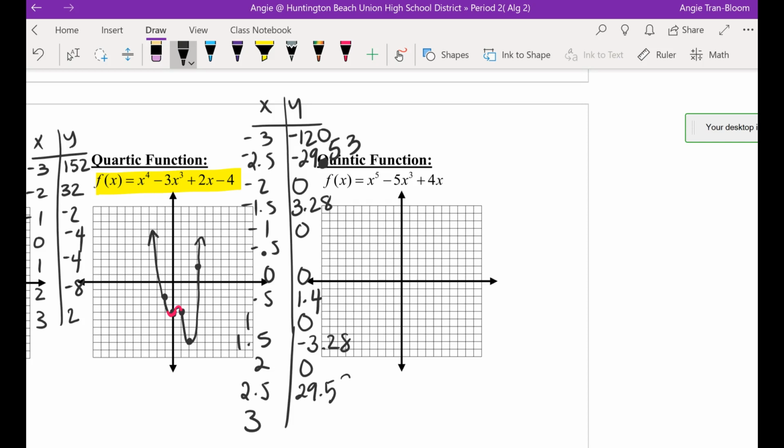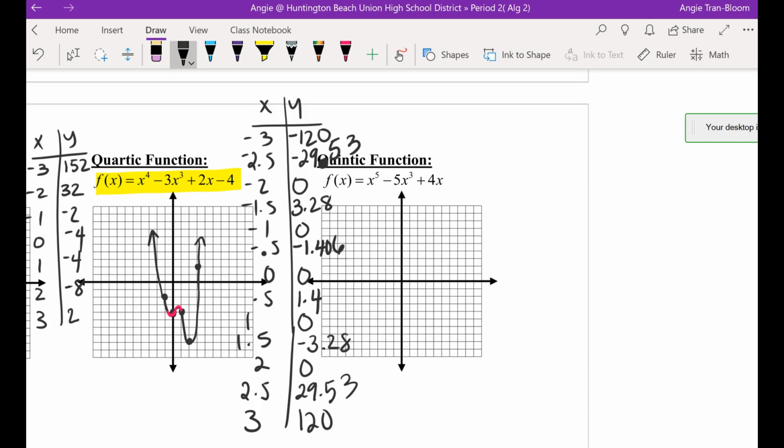Thank you. And last one, McKenna? 120, thank you. All right, so Rissa, negative 0.5, what did you get? Negative 1.406, okay. I'm obviously not going to graph negative 29 or positive 29, okay?